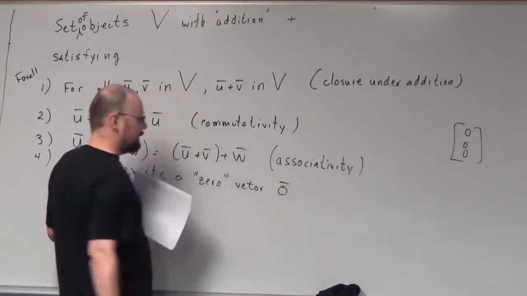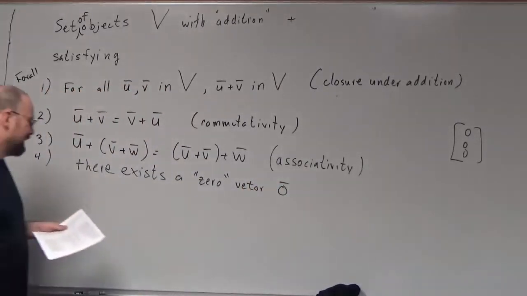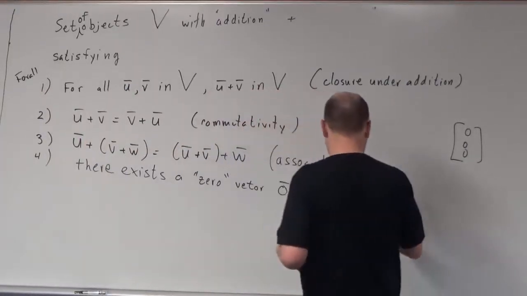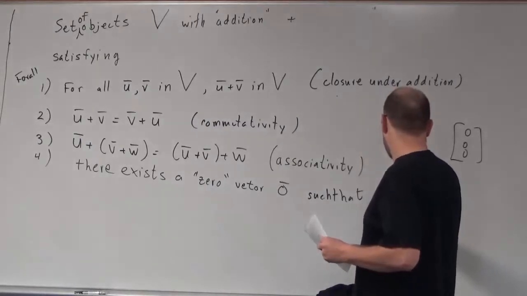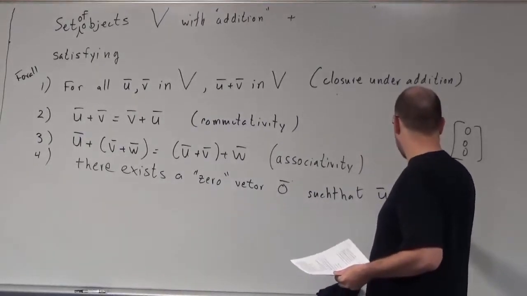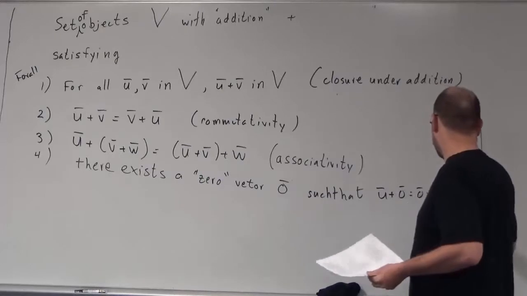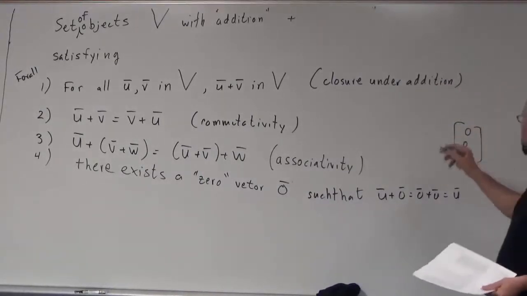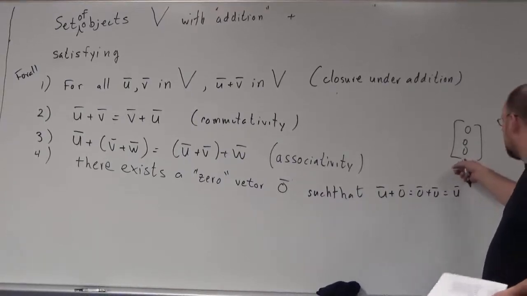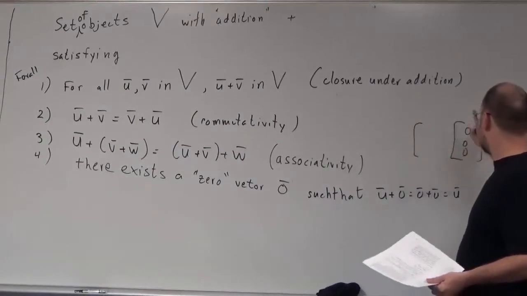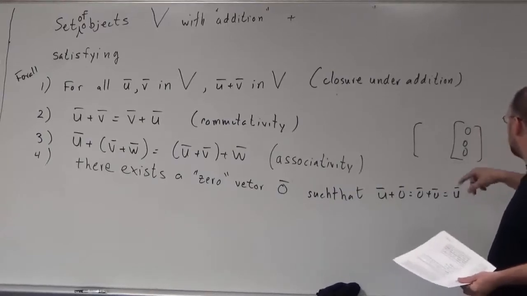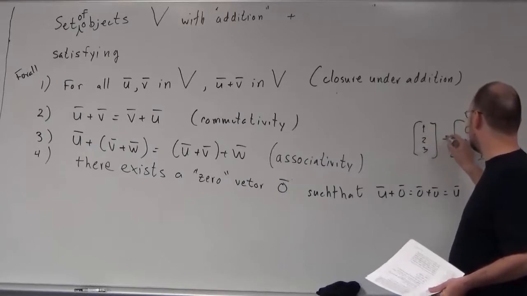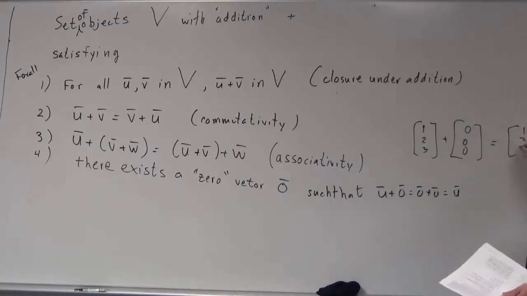We're going to call it 0 anyway, as your book does, such that for all u, u plus 0 is the same as 0 plus u, which is equal to u. In Euclidean vector space, the vector with all zeros is the zero vector for that space, because if you add it to any vector, you get that vector.